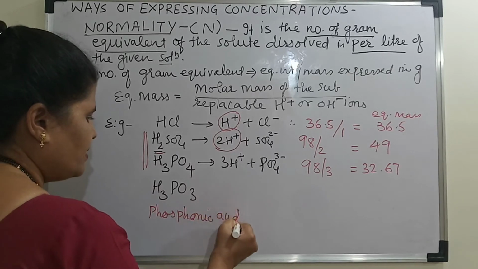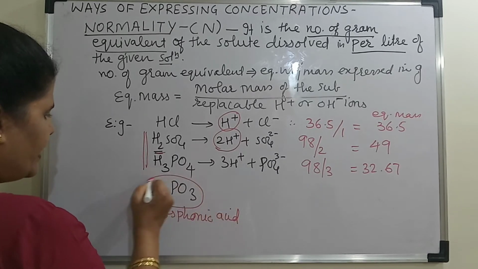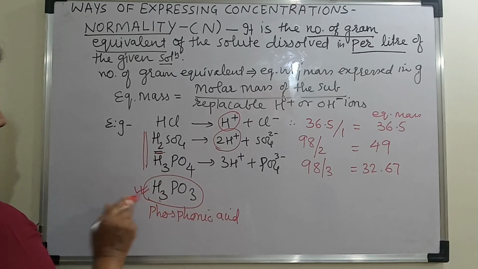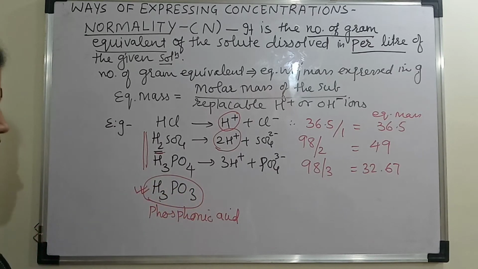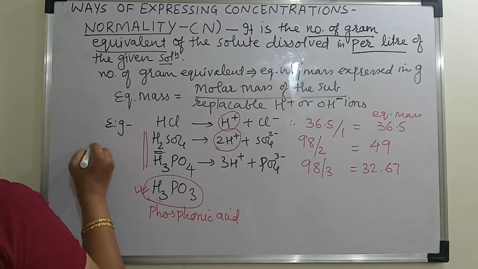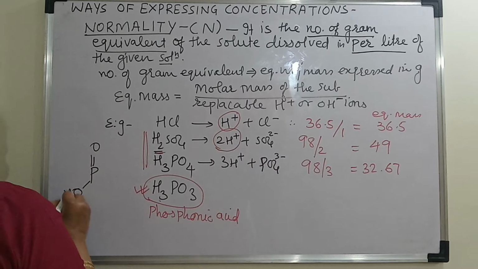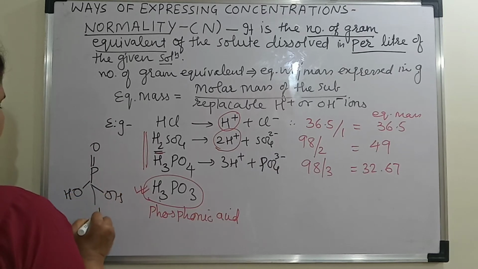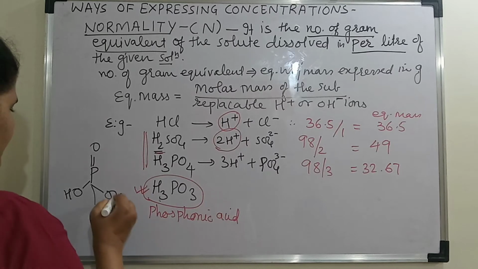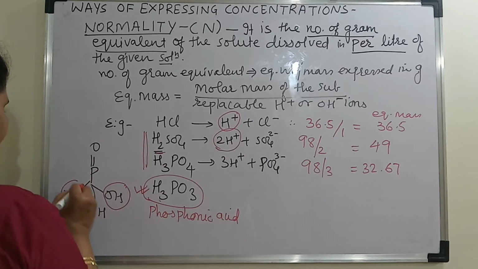Now if I see the molecular formula here, I can immediately say that its molar mass must be divided by 3. But if I see the structure for this, it will be phosphorus attached to 2 OH radicals in this way. So the molecule is having only 2 OH minus ions.